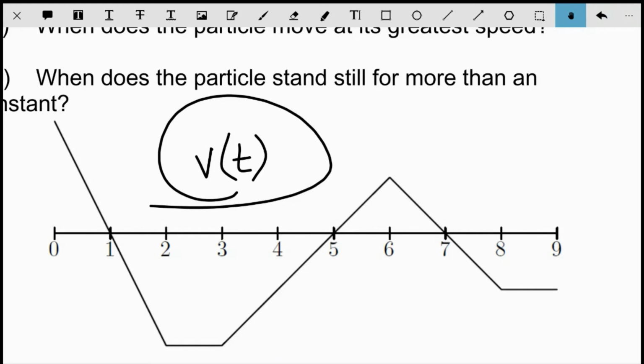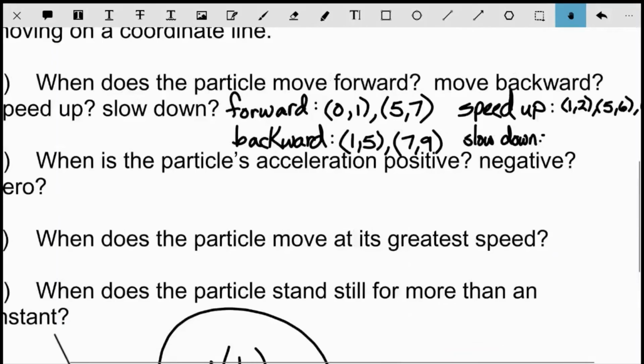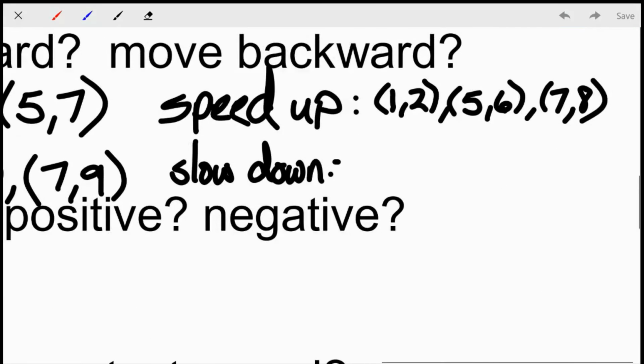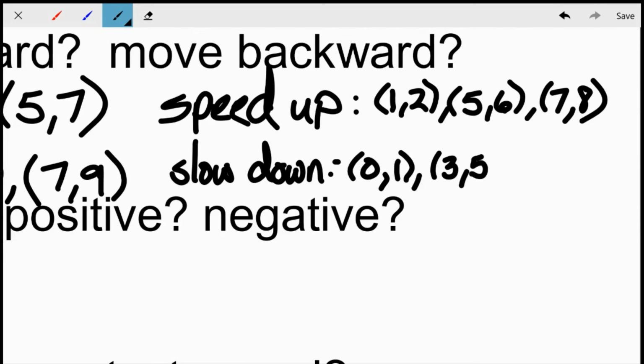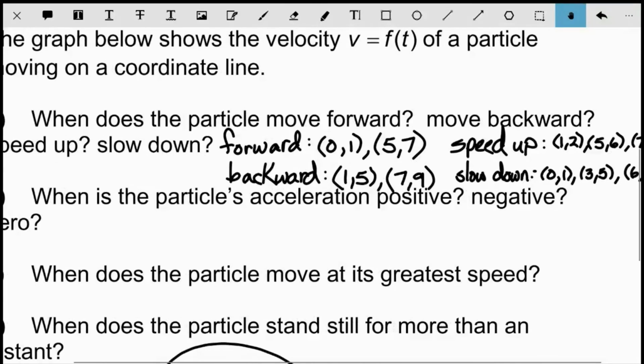Okay, now notice we have these time intervals where we're not speeding up or slowing down because the velocity is constant. So keep that in mind. Okay, so for slowing down, I had 0 to 1. I had 3 to 5. And I had the time interval from 6 to 7. Okay, so this, once you understand how to read these graphs, this is really not difficult to do.